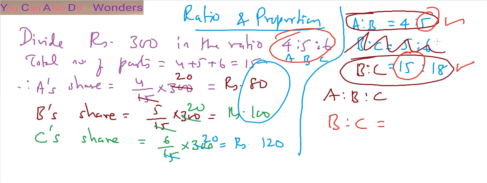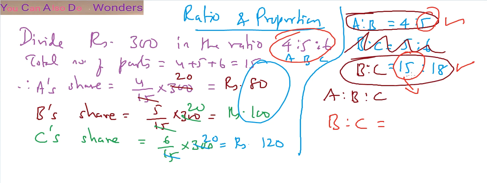In order to make the B term the same, divide this one by 3, but the ratio will remain valid only if all the terms of the ratio are multiplied or divided by the same value.